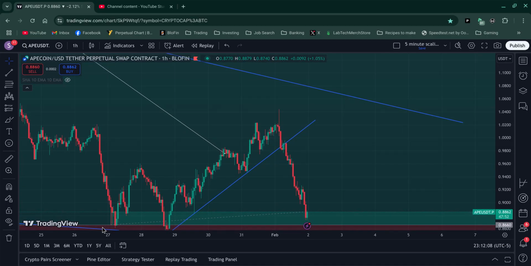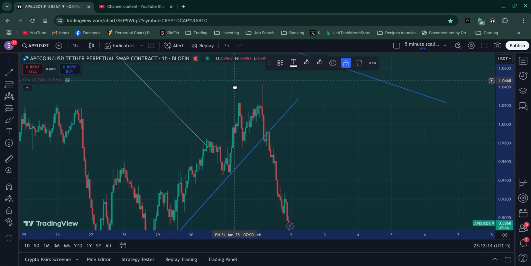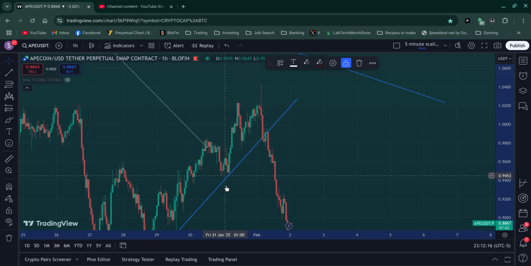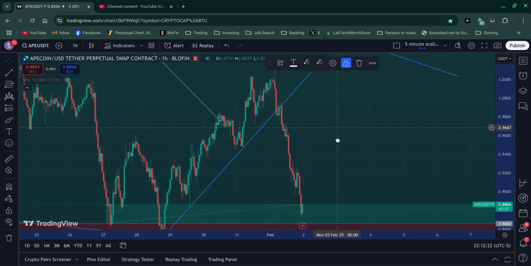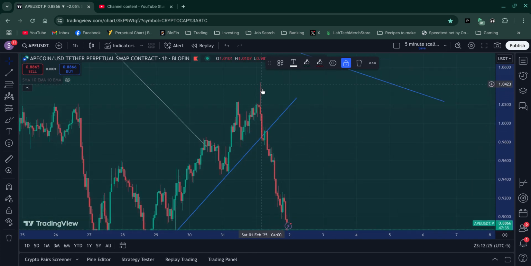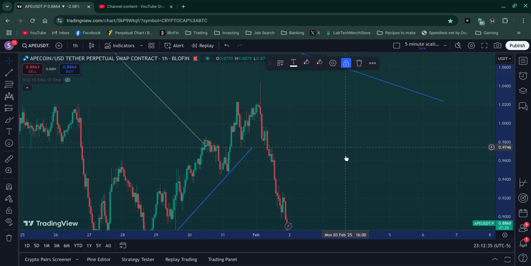We certainly didn't really seriously test it, but it's all right. Down a little bit, set another higher low here, continued to go up, set a high here, and then broke down below this trend line. So that's fully valid.